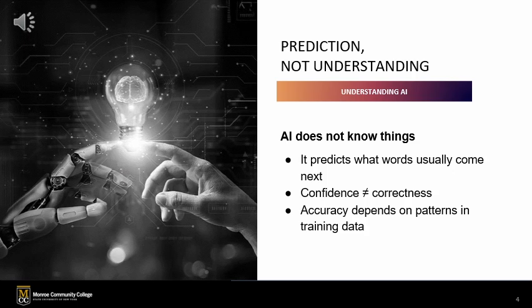When you read an AI response that sounds confident and authoritative, your brain naturally trusts it. But that confidence is just about statistical probability. It has nothing to do with truth. The accuracy of any AI response depends entirely on the patterns in its training data and the quality of the prompt you give it. It's not checking facts, it's not reasoning, it's pattern matching.